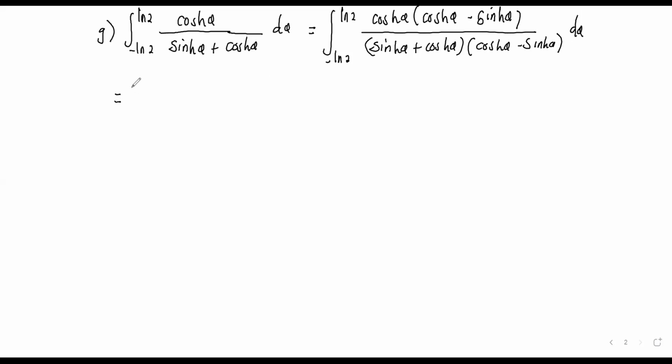Okay. That is going to be cos squared minus this over, when you conjugate down, we are getting cos squared minus sin squared.